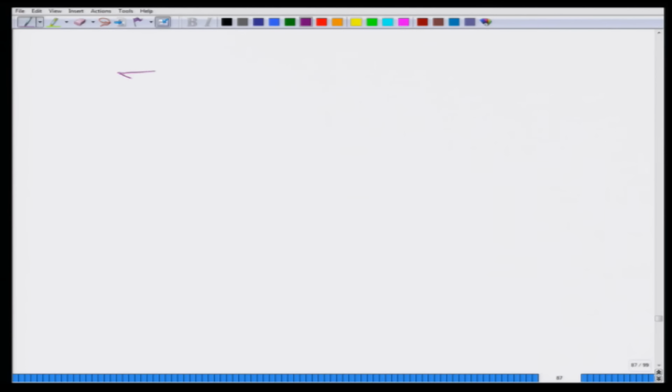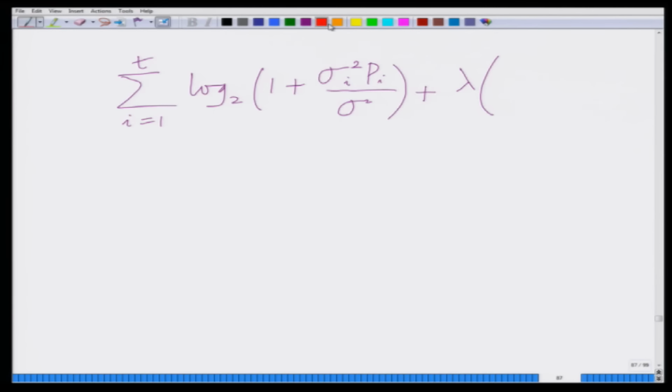The way we do it is we form the objective function, which is basically summation i equals 1 to t log to the base 2 of 1 plus sigma i square Pi divided by sigma square, plus lambda times P minus summation i equals 1 to t of Pi. So, this is my objective function, where lambda is termed as the Lagrange multiplier.